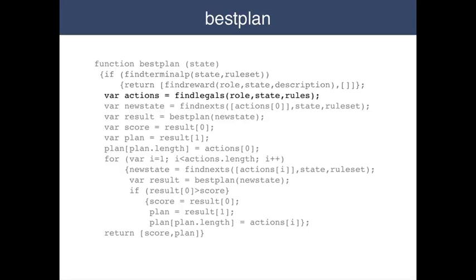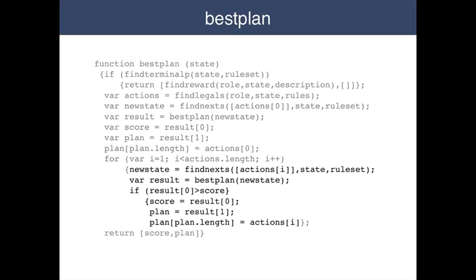Otherwise, it computes all legal actions for the specified state. It computes the next state corresponding to the first of these actions and computes the best score and best plan for that successor state. And it then searches the remaining possible actions to see if it can find a better one.